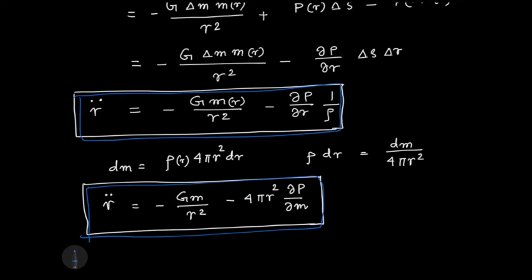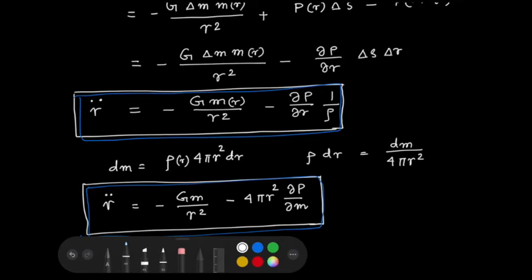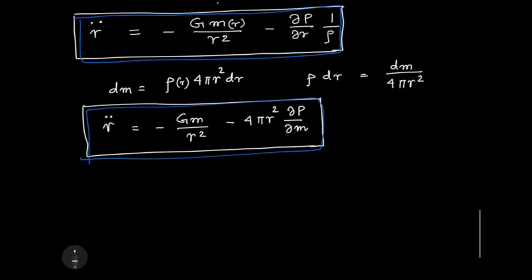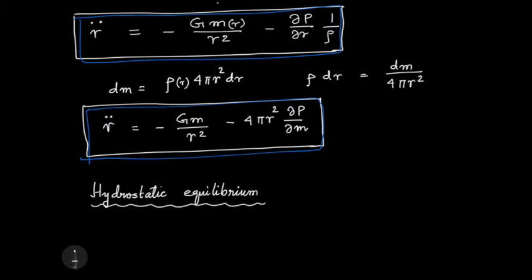Now there are two immediate things that come out of here, and that is what we will discuss now. And both of them are the case when the star is in hydrostatic equilibrium. So let us discuss what we mean by hydrostatic equilibrium. It essentially means r double dot equals 0.